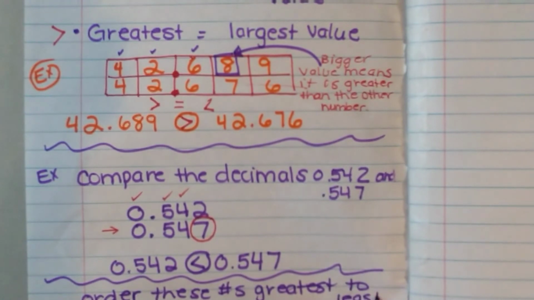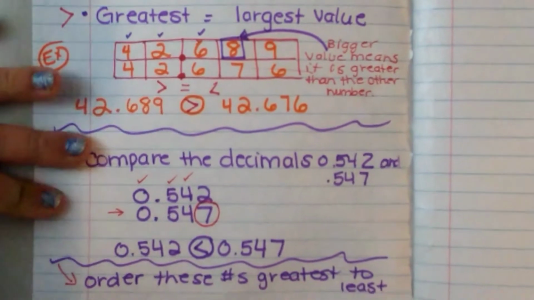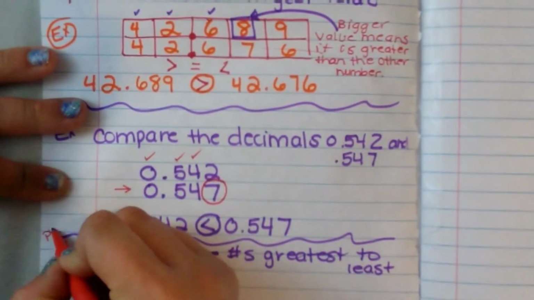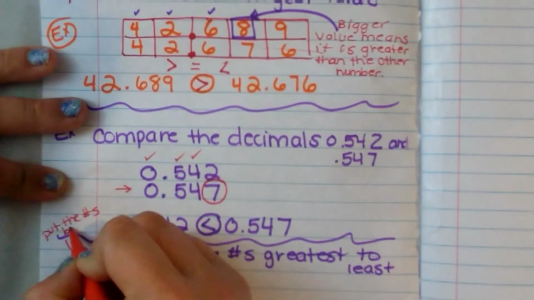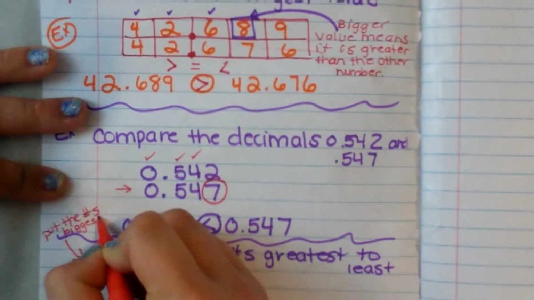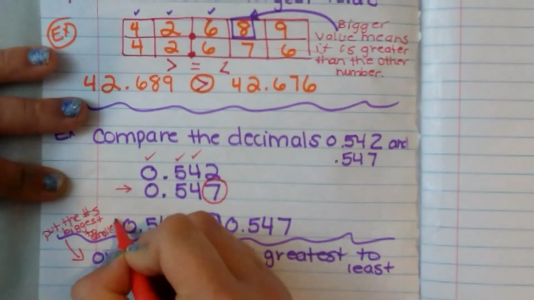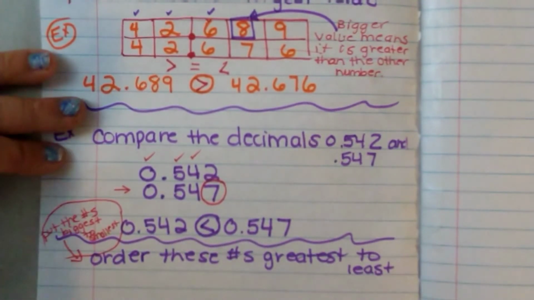In other words, they want you to put the numbers biggest to smallest. That's what they want you to do, okay?